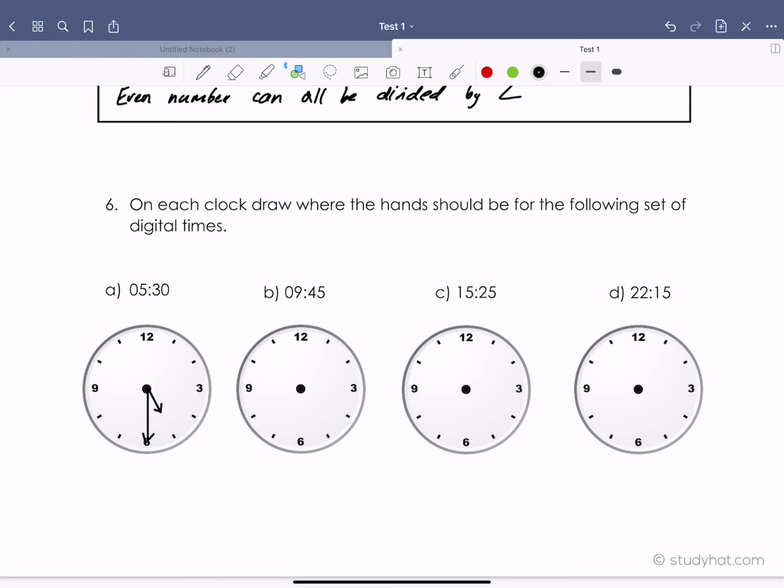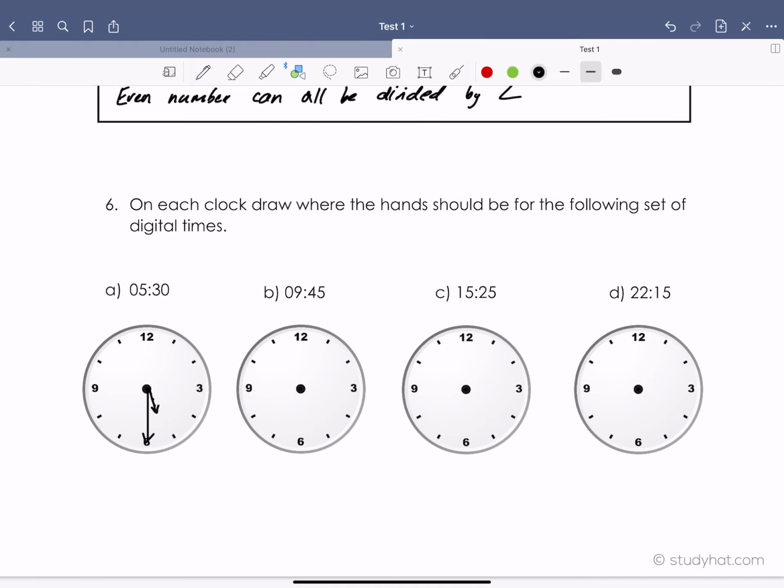That suggests 5:30, but actually that's not very good because it won't be pointing exactly there. It will be pointing halfway, because it will already have been moving around halfway. It will be about there. Yeah, 5:30.